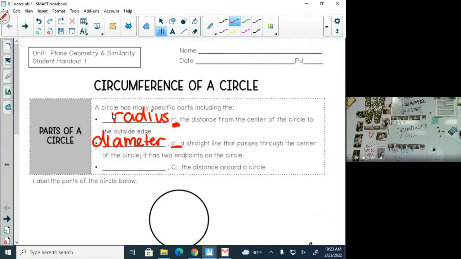If they give you the letter little d, you're expected to know that that's diameter. And the big C stands for circumference, and circumference is the distance around the circle.